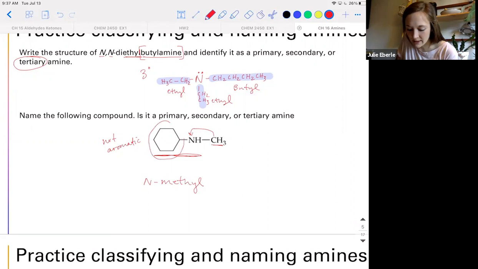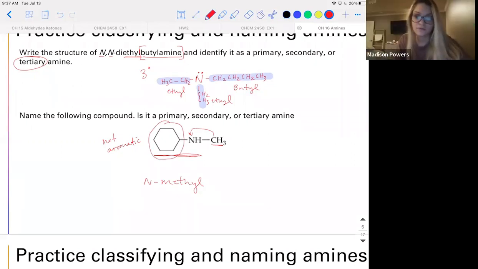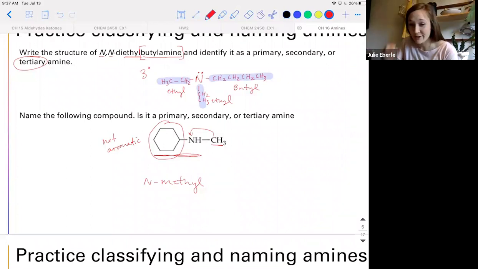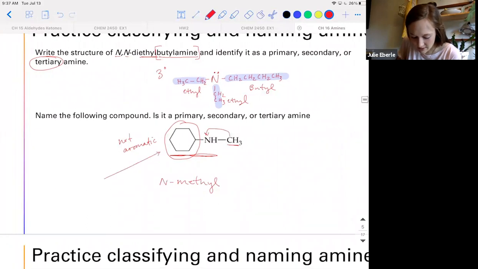How can we finish this out? How are we going to name this part? Would that be a cyclohexyl? Yes, ma'am. So we saw this earlier. It's kind of weird. This threw me off too when I was looking at this example. It is a substituent in this case, but it's the largest one. So it's kind of like the parent substituent in this case. So it's a cyclohexane, but it's a group branched off of the amine group.